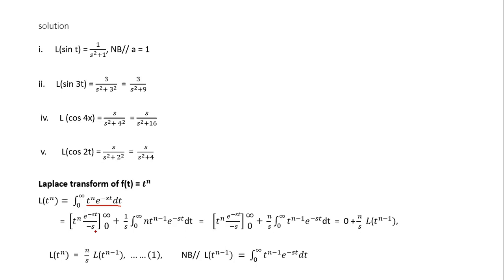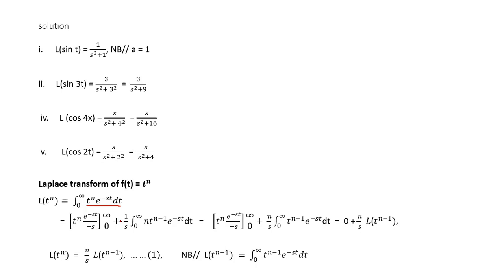When we go here, we are going to get something like t power n multiplied by exponential negative st over negative s for the first part, with limits from 0 to positive infinity, plus the integral of v du.